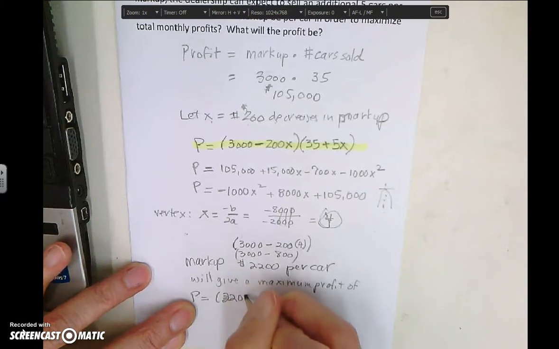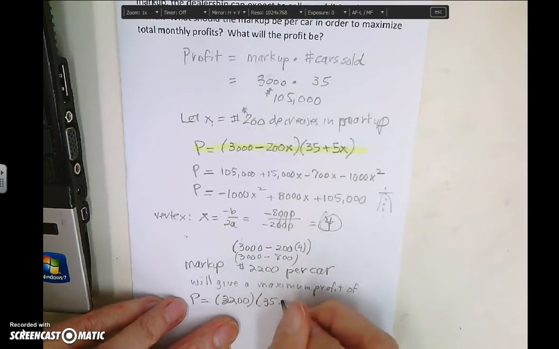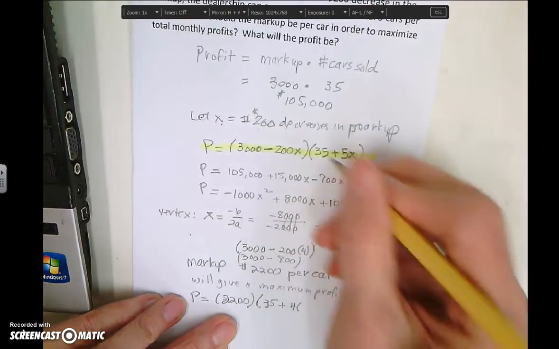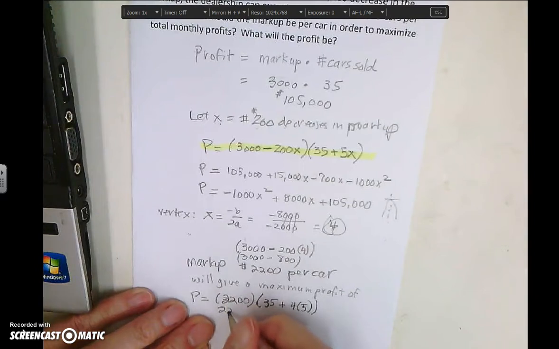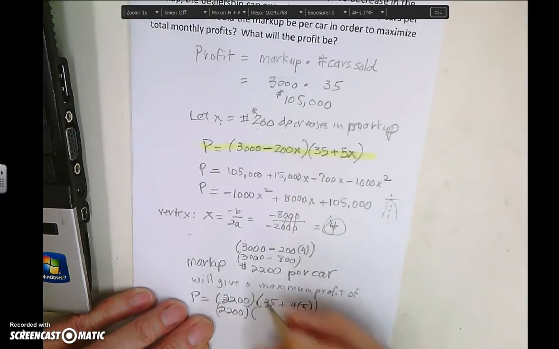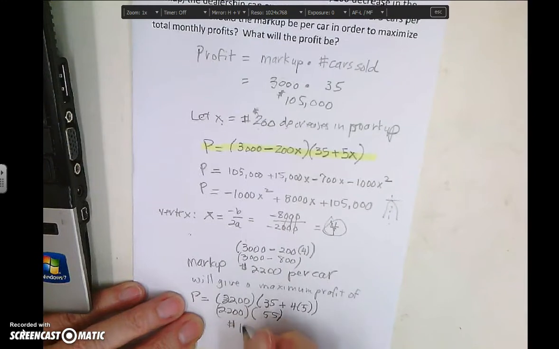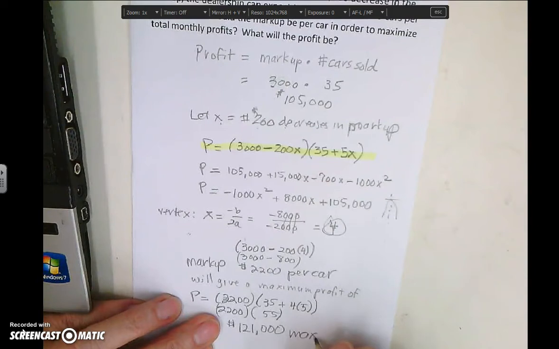That's 2,200 times, and then here we're going to have 35 plus 5 times 4, and we'll get 2,200 times 55, which is $121,000. So our maximum profit will be that.